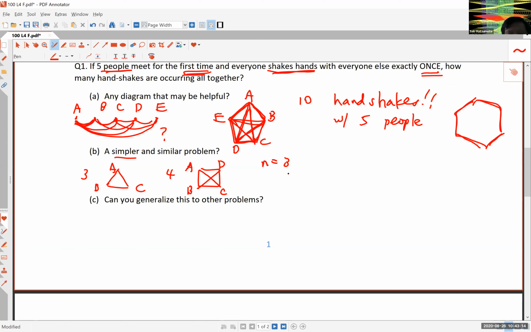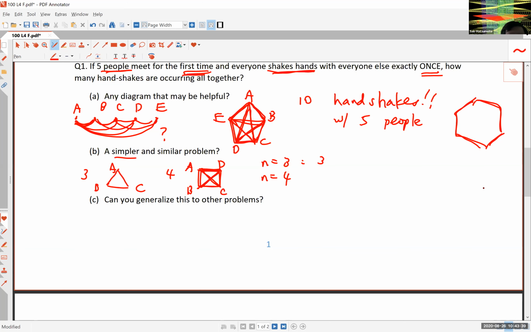When n is 4, by the way, did you count this? With 4 people you have 1, 2, 3, 4, 5, 6, you have 6 handshakes, and with 5 you became 10, and so there seems to be a pattern, right?